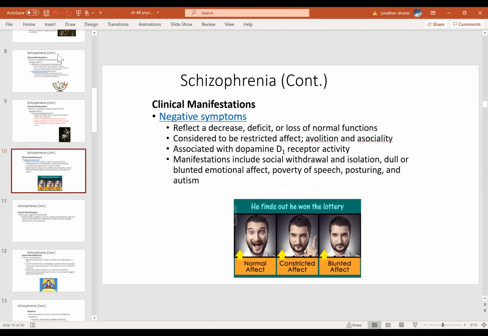So with the dopamine receptor activity, when you're dealing with a deficit like that, you get certain loss of dopamine functions, and one of the things about dopamine, it's a reward center in the brain.